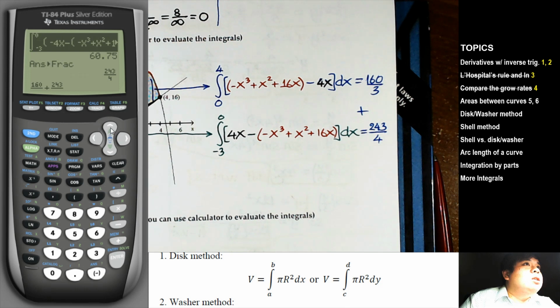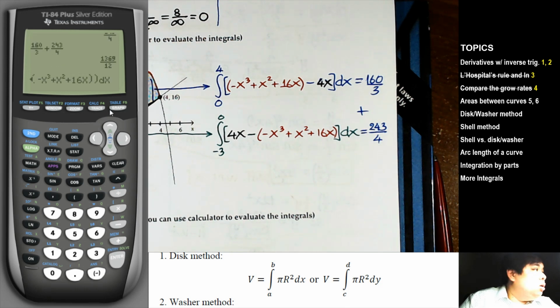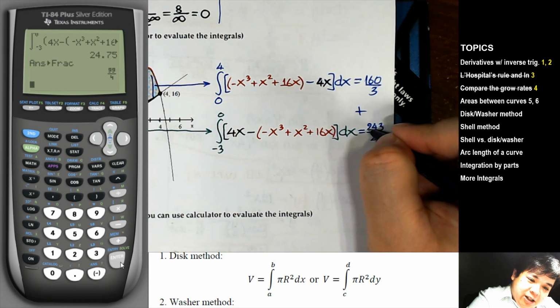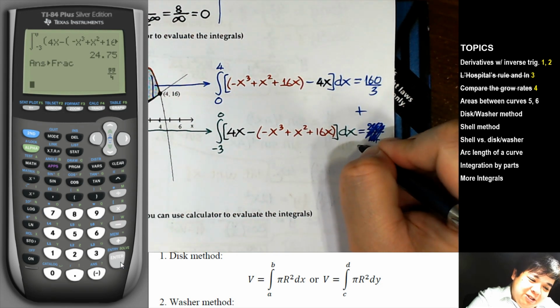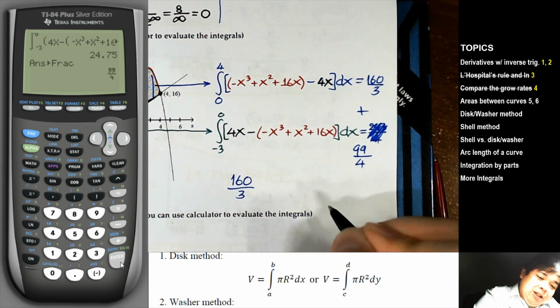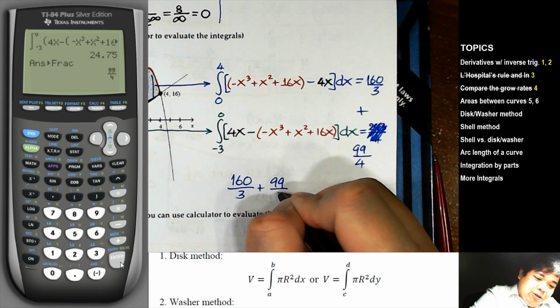Check the problem again. X cubed plus x squared plus 16x. I don't know why I put that negative 4 here. Sorry. 99 over 4. So 160 over 3, 99 over 4.